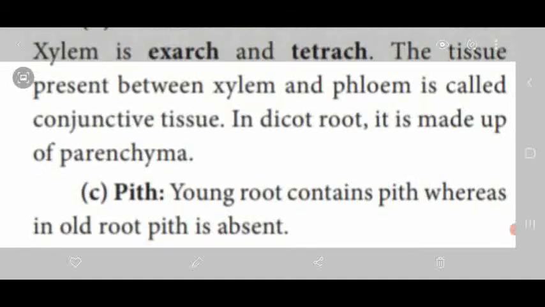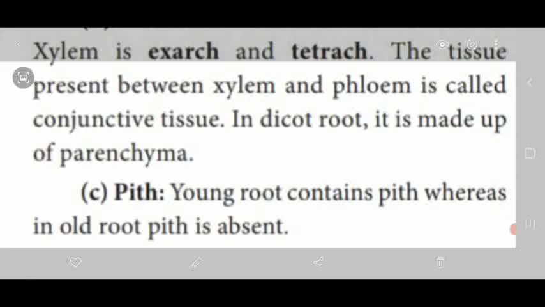The last one is the pith. Normally, young root only contains pith in the dicot plant, but in the matured dicot root, pith is absent. So that is said to be the internal structure of dicot root.